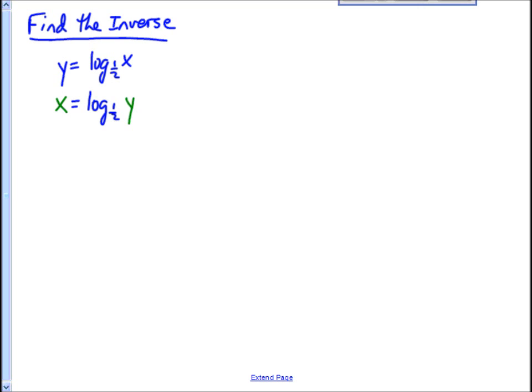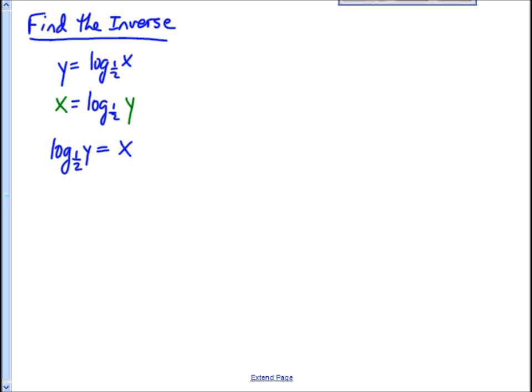And now, once you're at this point, you want to say, well, how do I solve for this y right there? Okay, so you can do a couple things. First of all, let me write this log base 1/2. Let me switch their sides there. There's that commutative property, okay? So at this point, you can do one of two things.